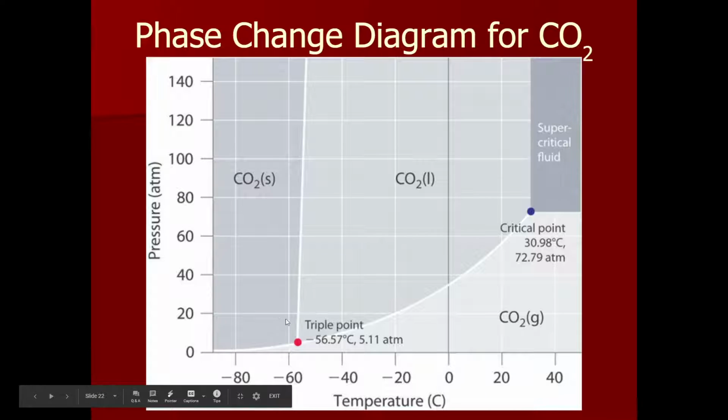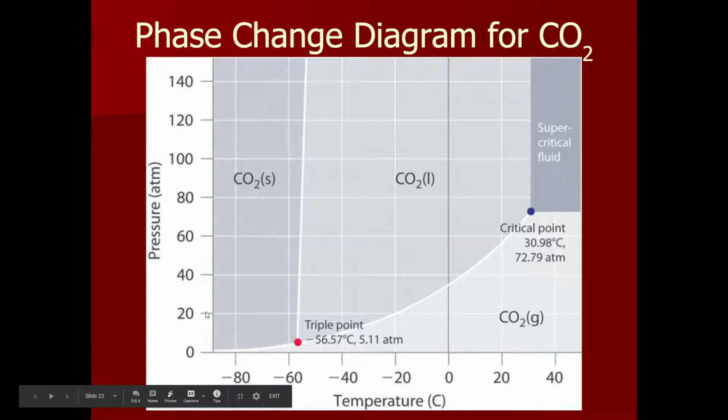The main idea here is that the reason it's called dry ice is because it doesn't go through this liquid phase, right? At pressures that we are generally experiencing, which is very close to 1 atmosphere way down here, the transition between dry ice as a solid and CO2 as a gas is what we'll be witnessing.